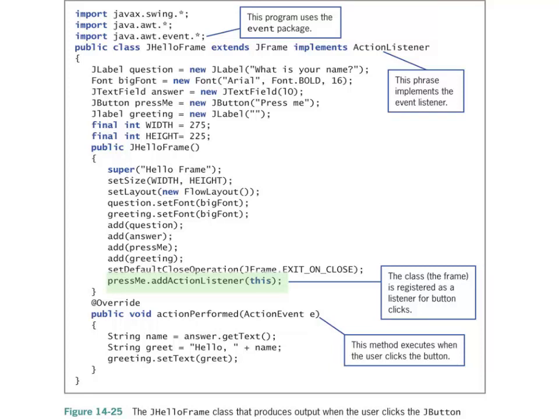This statement calls any action event messages, in this case, the button clicks, that come from the pressMe button to be sent to the frame. The argument this references the current object. So in this case, this refers to the frame class in which this statement appears.